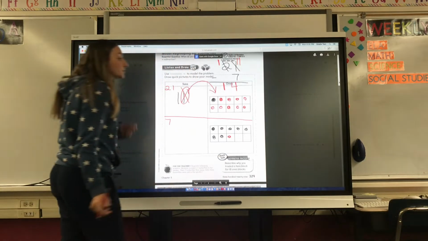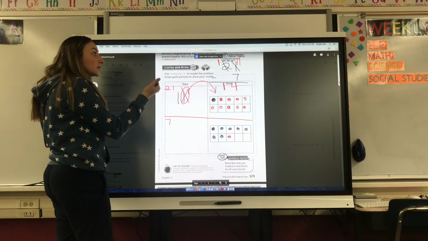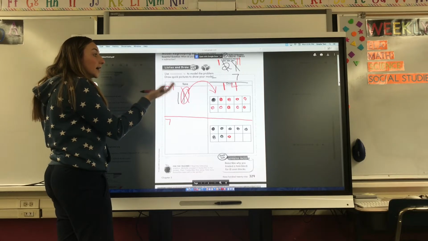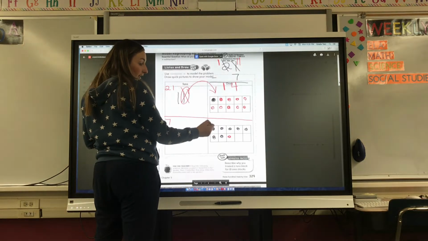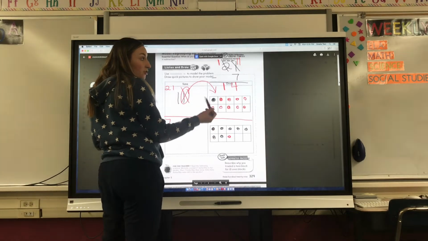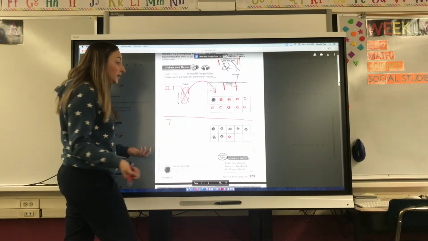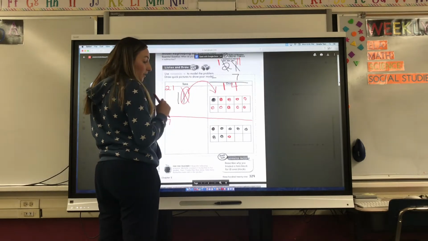There we go. So now I need to do 11 minus 7. So I have 10 right here, and then I need to take 1, or there's 11, right? And then I take away 7. So there should only be 4 1s left, right? So I'm going to take away all the 1s except 4.